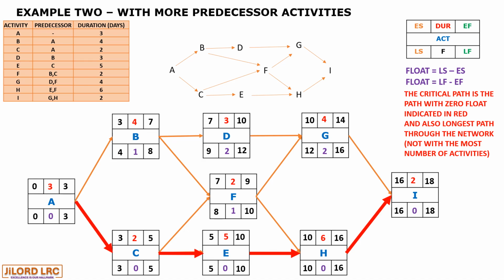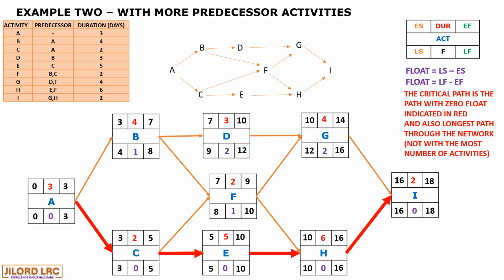Now let's compute the float and determine the critical path. So for activity A, we have 0 as its early start and 0 as its latest start. For activity C, E, H, and I, they have the same value for early start and late start.